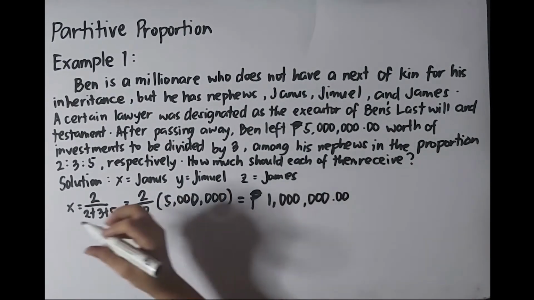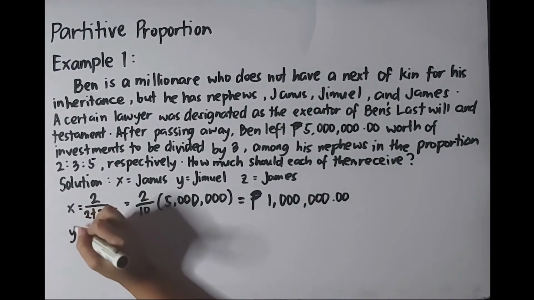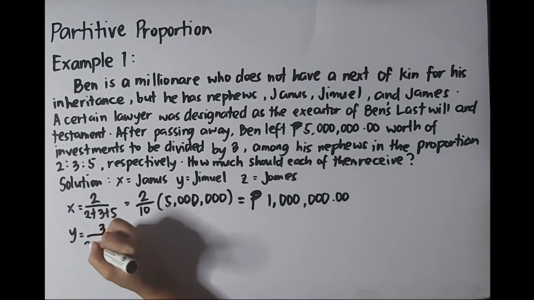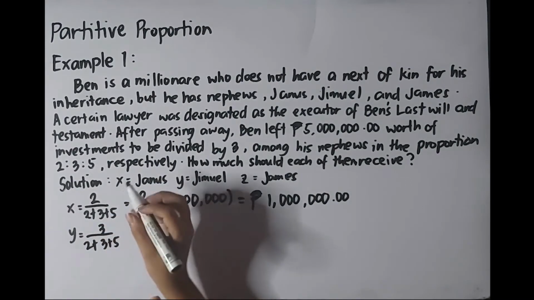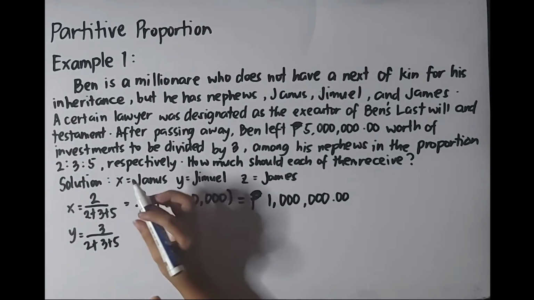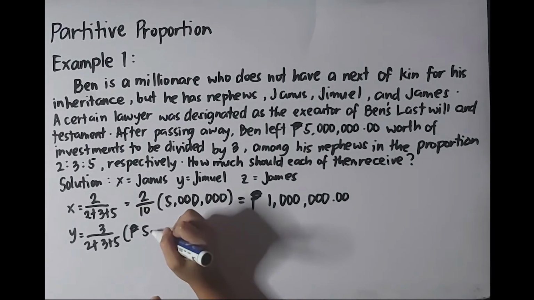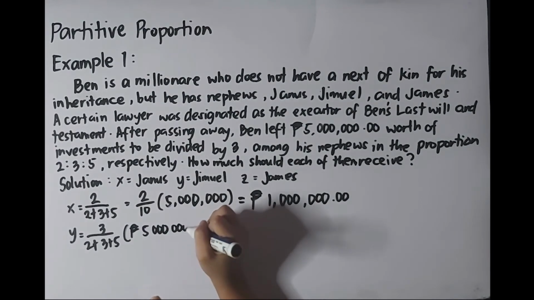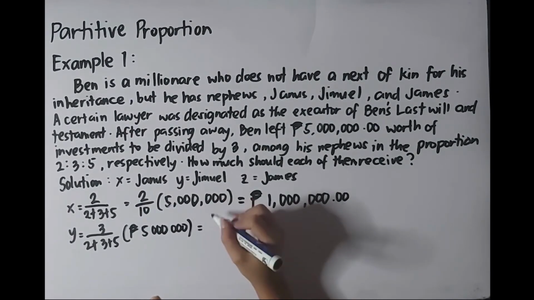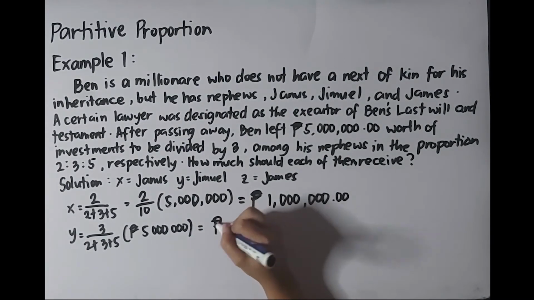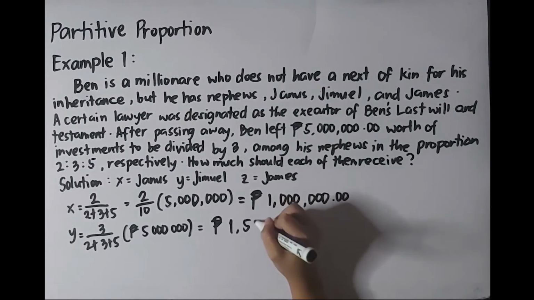Now for Y, we have 3 over 2 plus 3 plus 5 multiplied by 5 million pesos. So 3 over 10 multiplied by 5 million equals 1.5 million pesos.